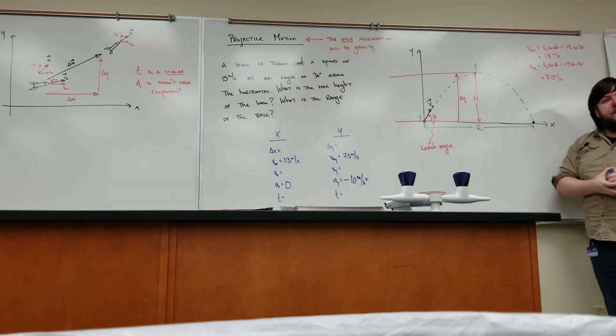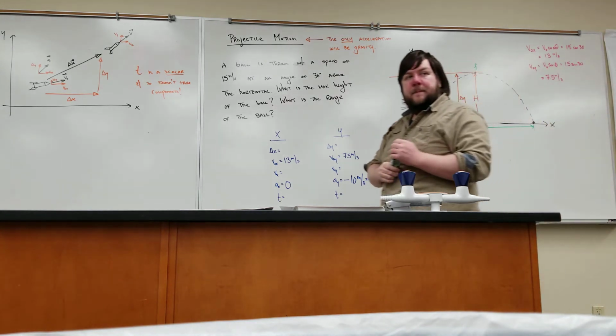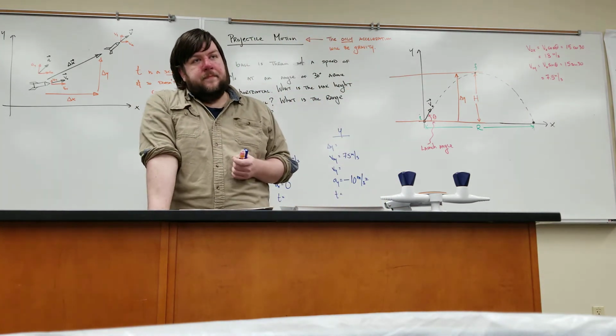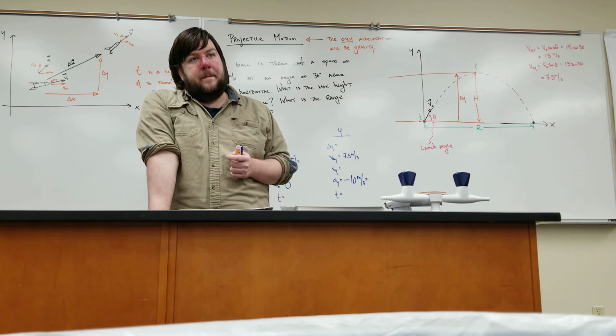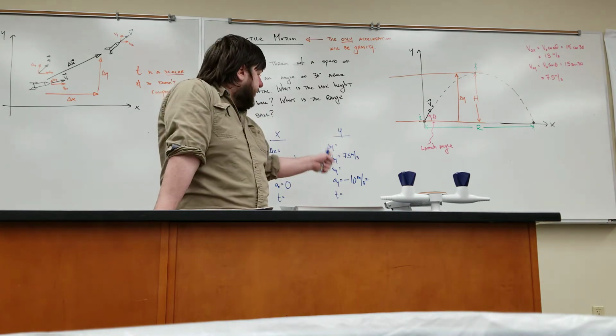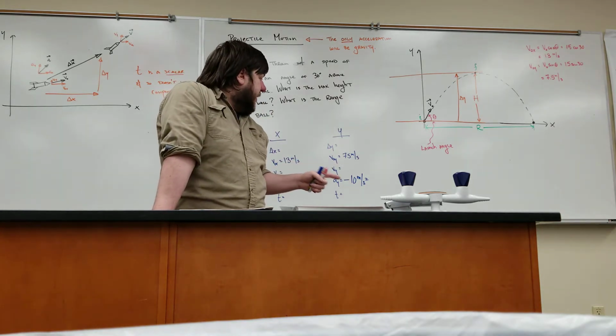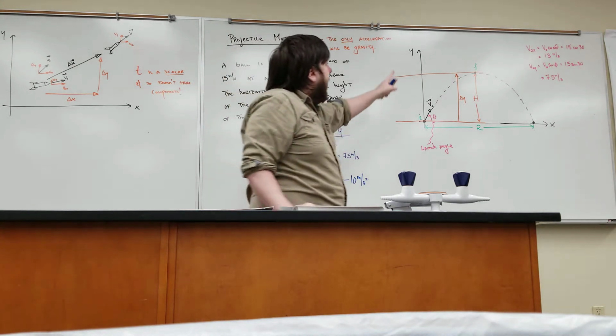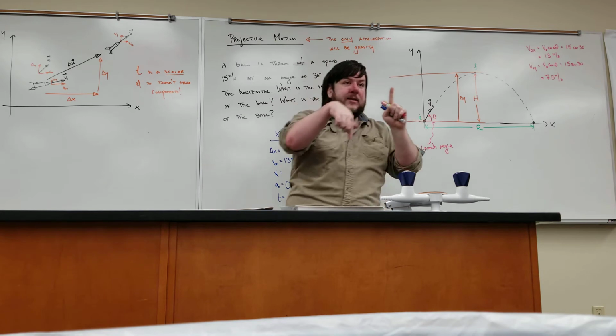I got a question. Since you're solving for the final height, why is the acceleration negative? Shouldn't acceleration be positive? No, because this is gravitational acceleration. Gravitational acceleration is always down. And if we called up positive, then down is negative.